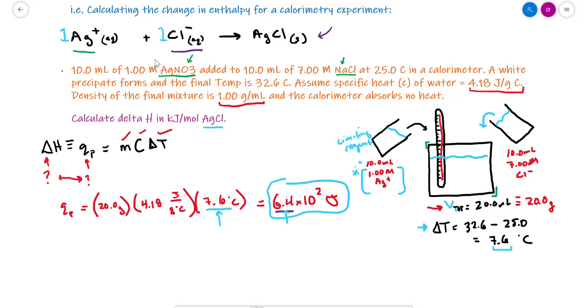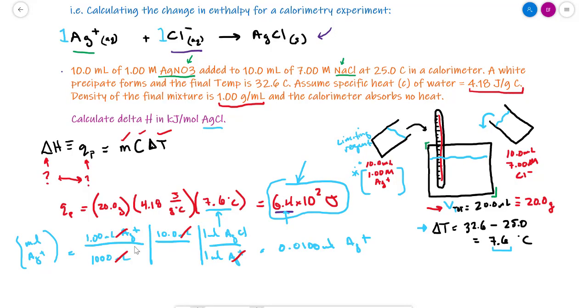If we know how many moles of silver chloride are produced, then we could say that this amount of heat was produced per that number of moles, which would give us a kilojoule per mole relationship. So let's figure out moles of silver plus, since we know that's the limiting reagent.